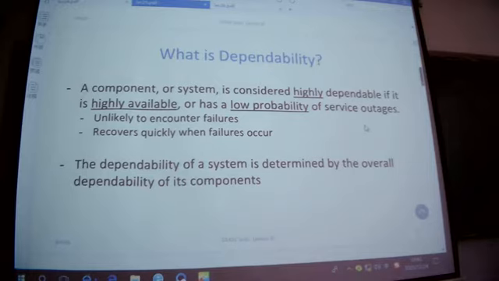If we want to protect a complex system, we must care about the dependability of every component. So dependability is very important in the whole system.